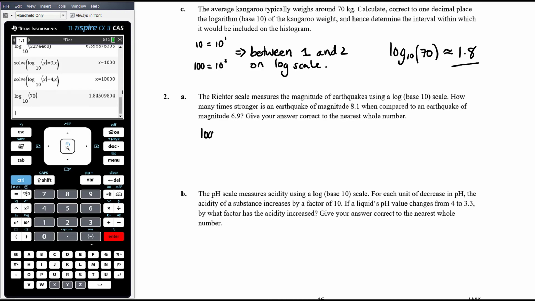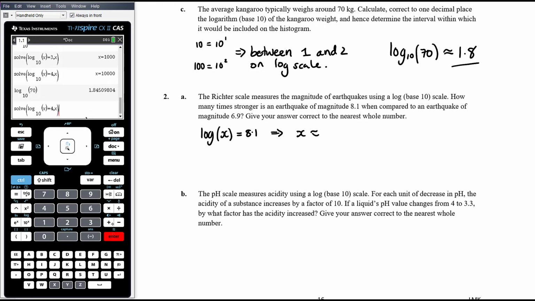So log of an unknown value is 8.1. So that means that unknown value is, let's do a quick solve. If you know how logs work, the answer to this will be the same as 10 to the power of 8.1.